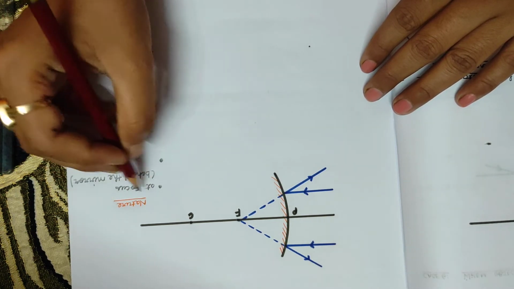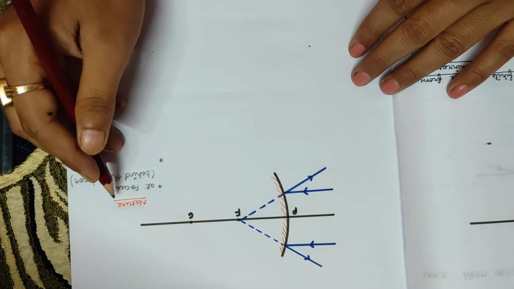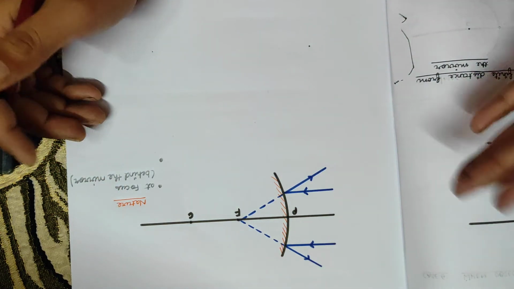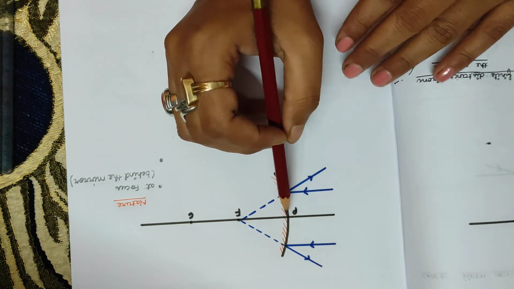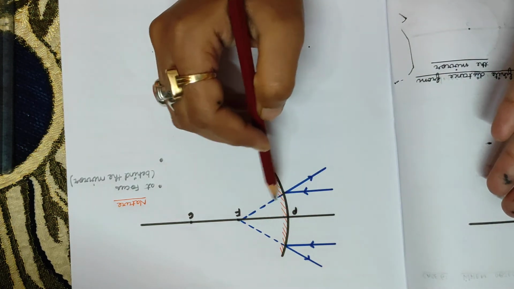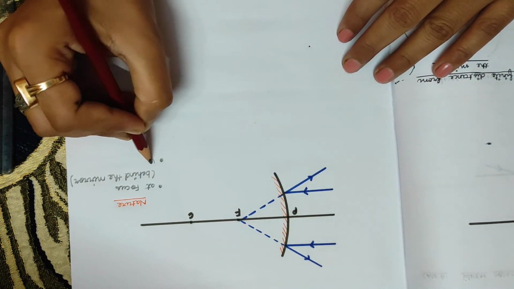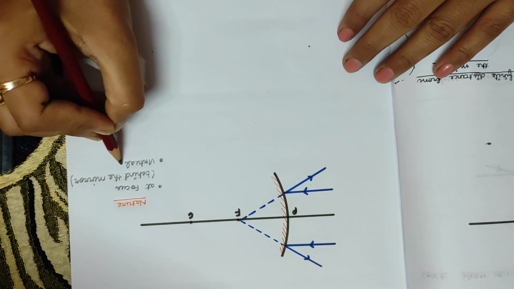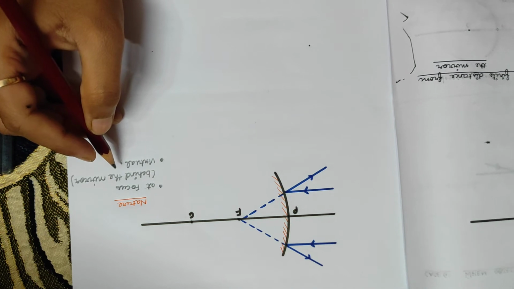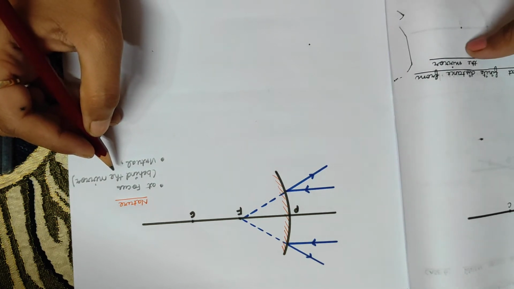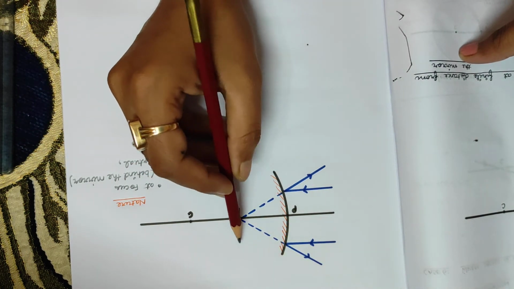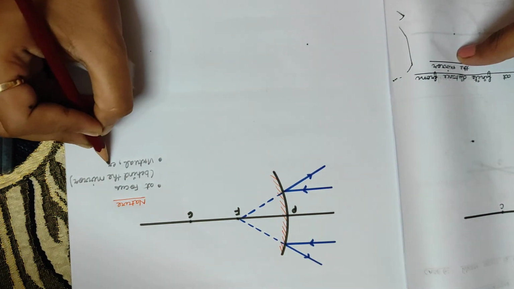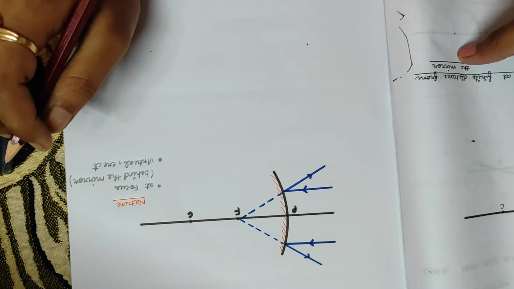Now what else do we talk about in the nature of the image? We talk about whether the image formed is real or virtual. As this image is not formed in front of the mirror but behind the mirror, this will be a virtual image. Will the image be upright, erect, or inverted? Virtual images are always erect in nature.